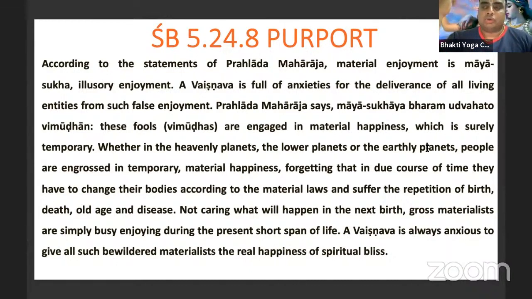At least they might get the association of devotees, and at least they have some hope for further reformation and to cultivate Krishna consciousness more seriously, at least in their next birth. But for those who are degraded to the lower planetary systems, they have no such hope.